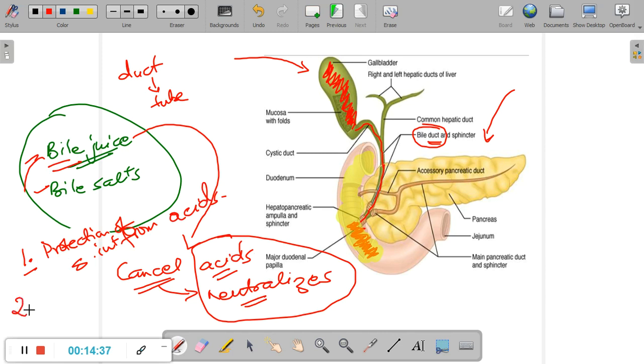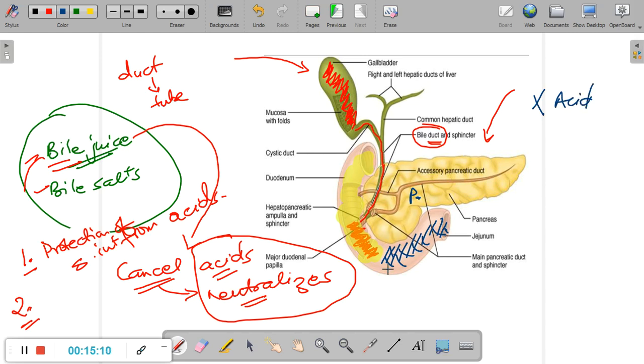The second important function is that the digestive juices, pay attention to what I'm about to say, that are present in the small intestine now. There are a lot of enzymes that the small intestine will produce. There are a lot of digestive enzymes that the pancreas will produce. There are some other enzymes which are produced, which are then released into the small intestine. Now these enzymes cannot function in the presence of an acid.